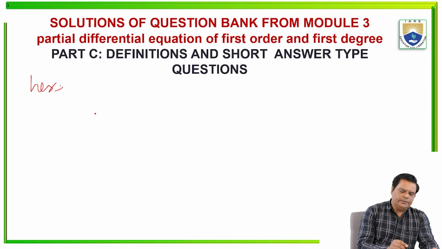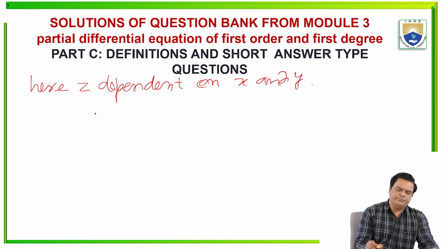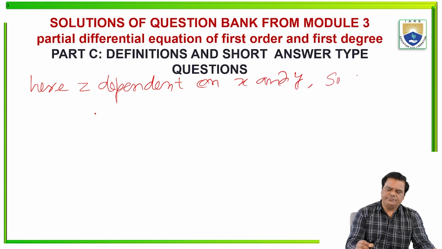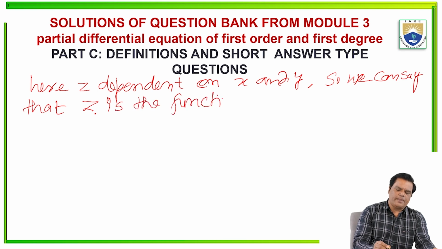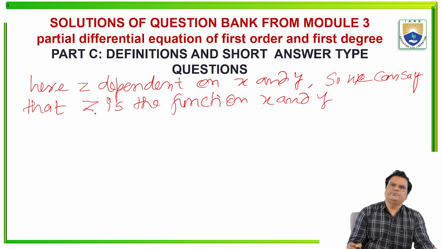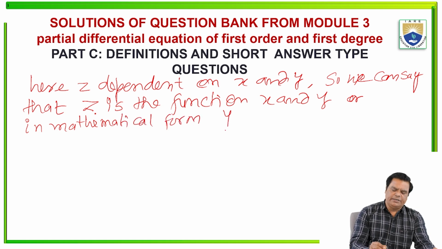So we can say that z is a function of x and y, or in mathematical form, z equals f of x, y.